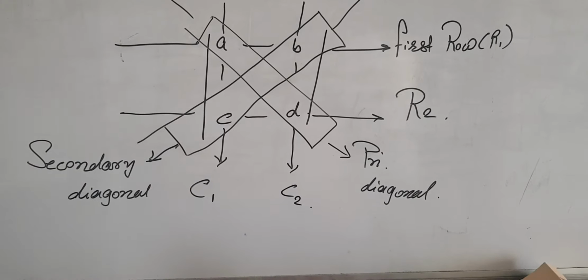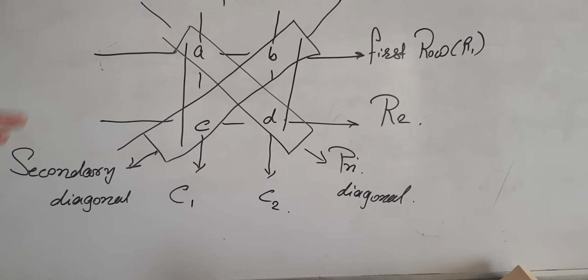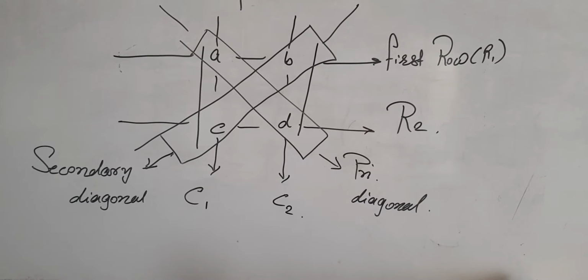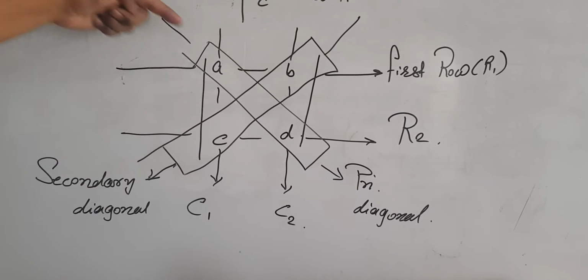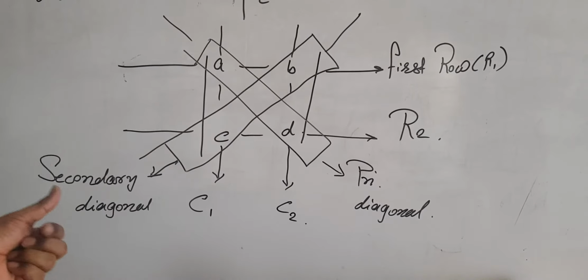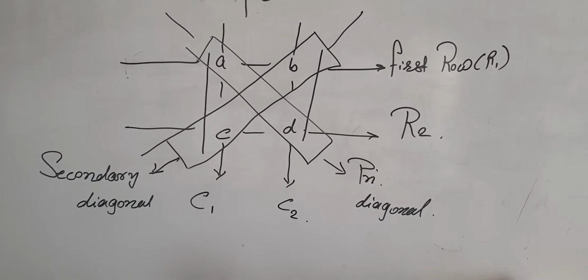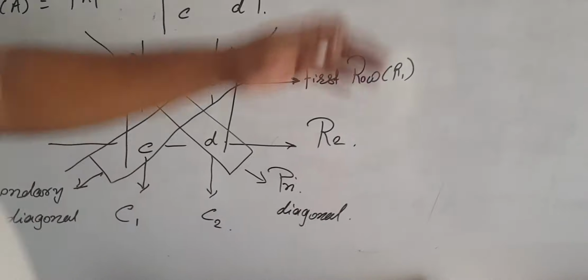Understood? These A, B, C, D are the elements of the second order determinant. They make the two rows, two columns, principal diagonal and secondary diagonal. Understood? Next is this side.